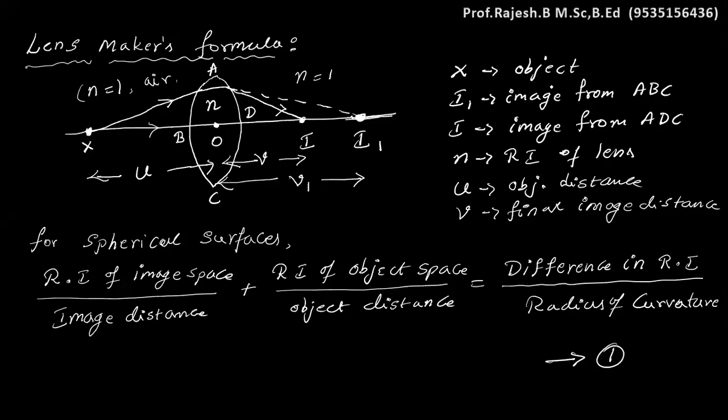In the diagram, X is an object, I1 is the image from ABC, the first phase, and I is the image from ADC. N is the refractive index, U is the object distance, V is the image distance. Now let's apply this general formula for the two phases. First I'm applying it for the first phase, that is ABC.